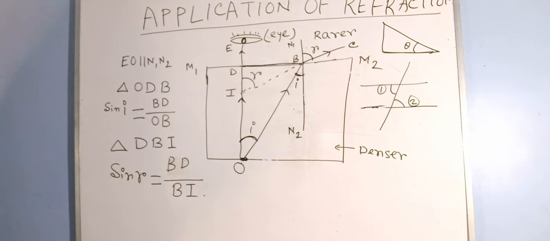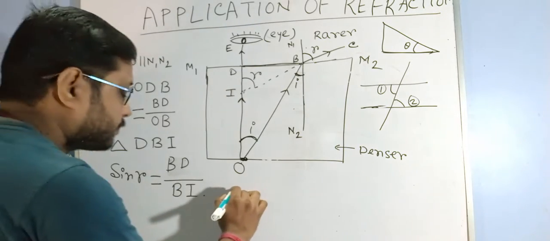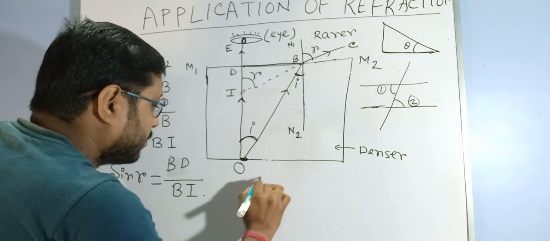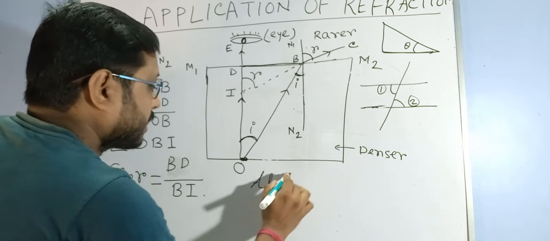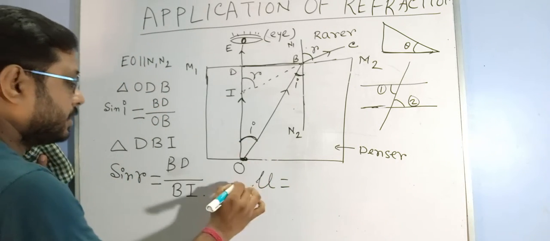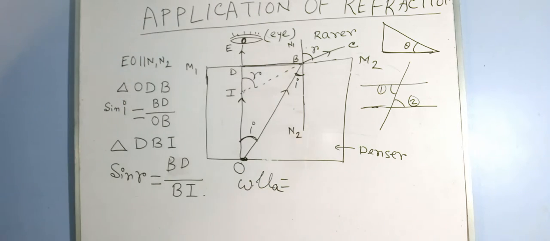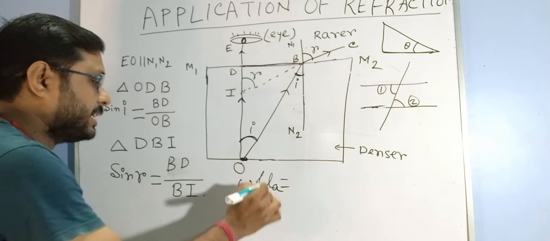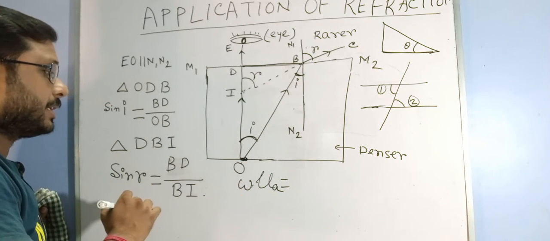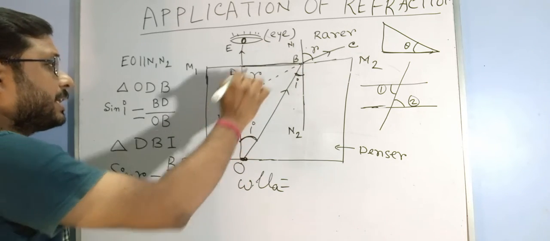Now, we also know mu equal to... if we take this as water to air, the relative refractive index of air with respect to water, then W mu A, as the ray goes from water to air.